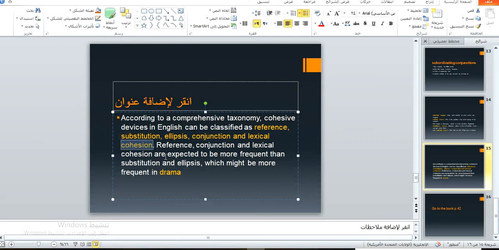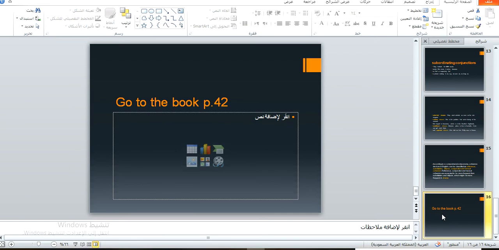Reference, conjunction, and lexical cohesion are expected to be more frequent than substitution and ellipsis, which might be more frequent in drama. So in a drama, it's more frequent to use substitution and ellipsis. Now let's go together to page 42 in our book to discuss some exercises.